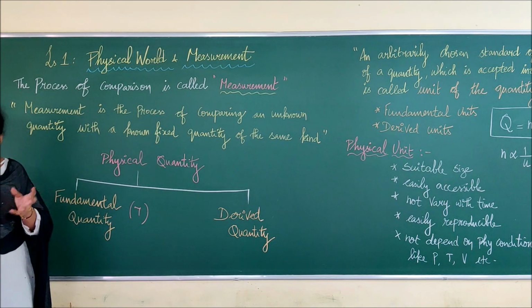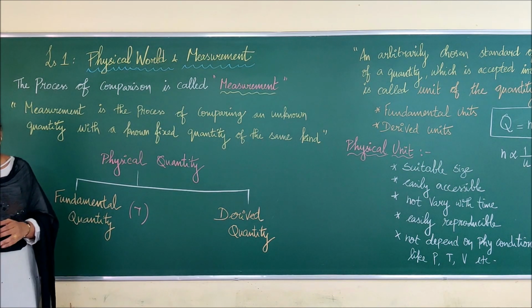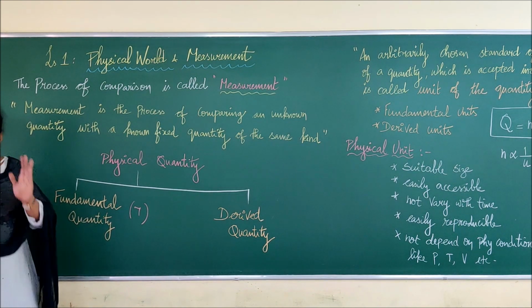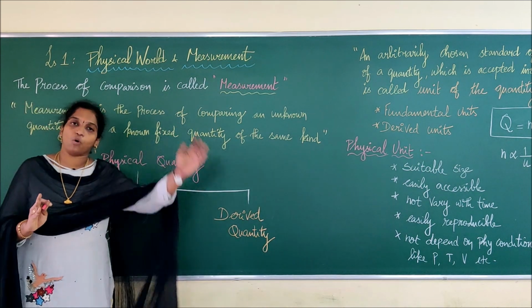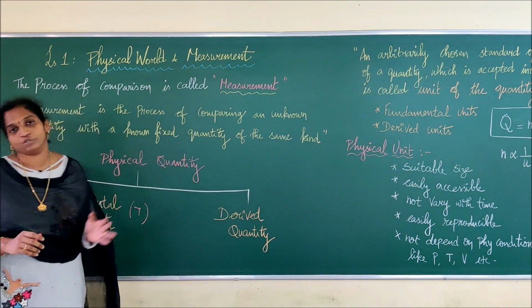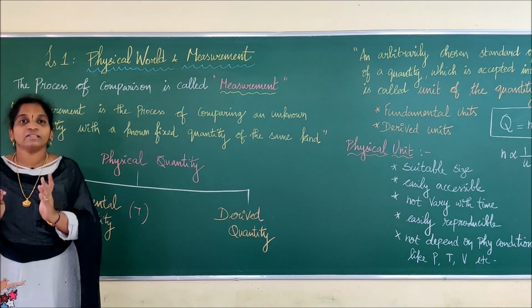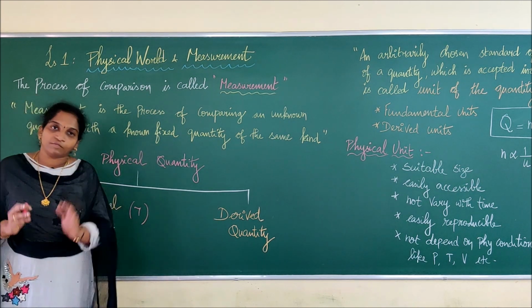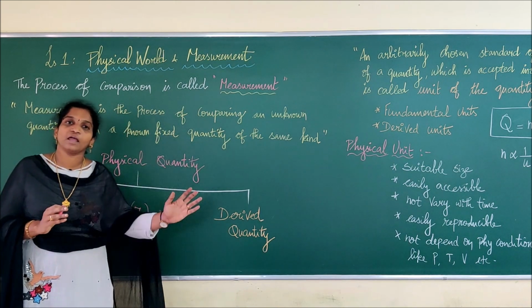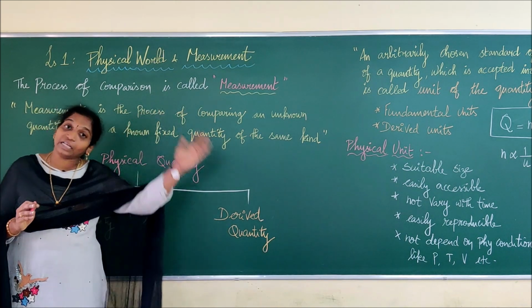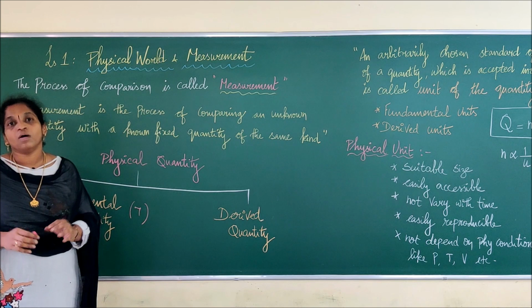We are not able to explain length in terms of some other quantity. Length is a fixed one. With the help of length, area, volume and other things can be measured, but length cannot be measured in other terms. So length is a fundamental quantity, while area and volume come under derived quantities.